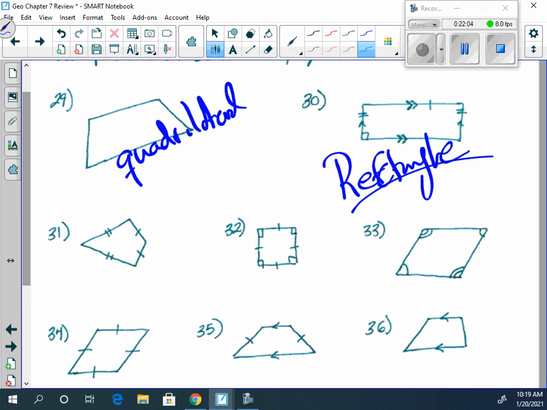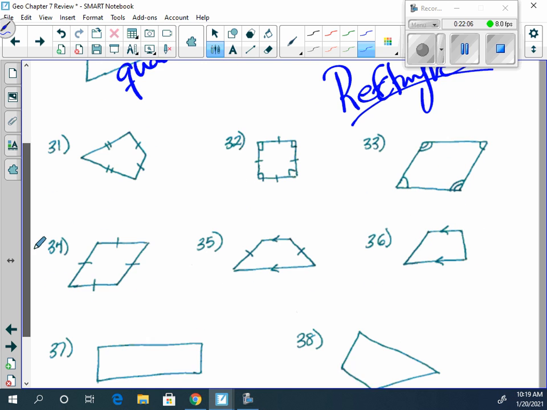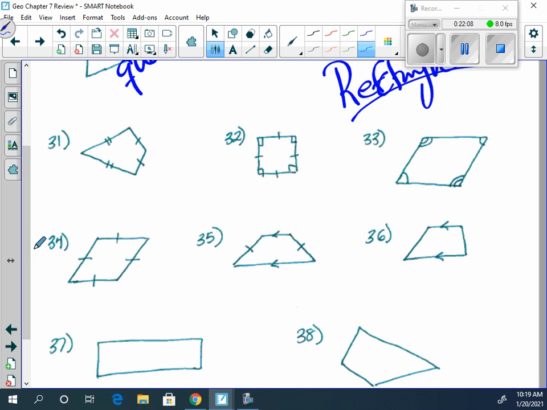How about 31? Two sets of consecutive congruent sides, so it would be a kite. 32 is a square. 33?